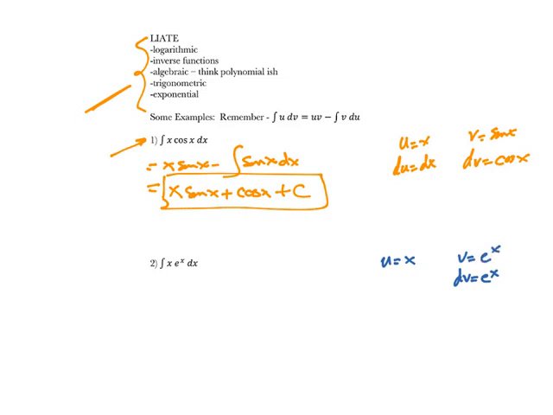I don't worry about the plus c because I know I have to put that in when I'm doing the actual integration of the problem. du is dx. So this integral becomes uv, x e to the x, minus the integral of v du, e to the x dx. When I integrate e to the x, I get e to the x. Don't forget your cupcake.